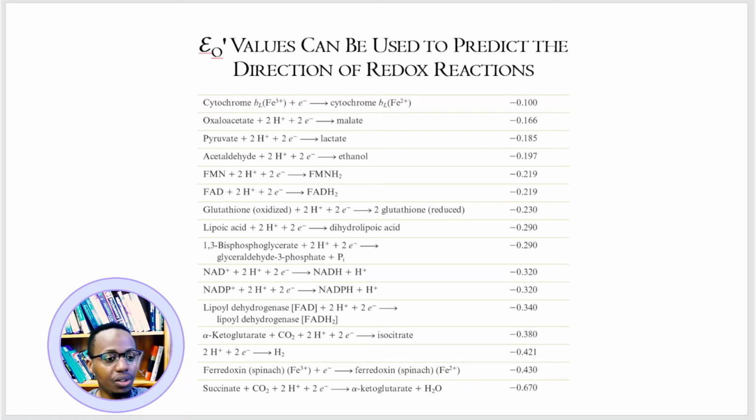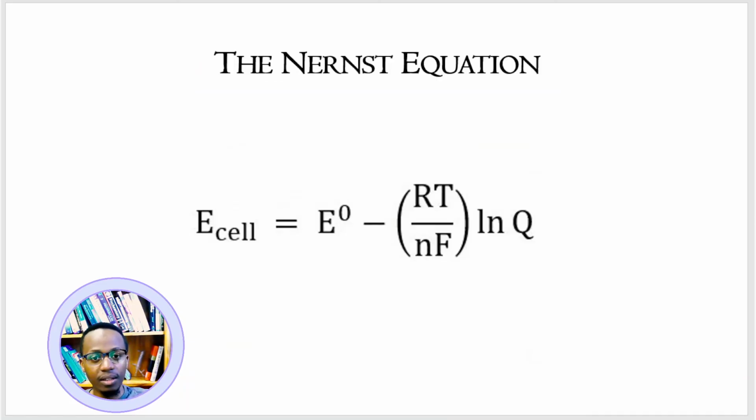Now, after we find this, I'm going to take you to a next level where sometimes you might not have standard conditions. A lot of times you won't have standard conditions for potential, right? So you might have to find the potential of the cell given non-standard conditions. So what does that mean?